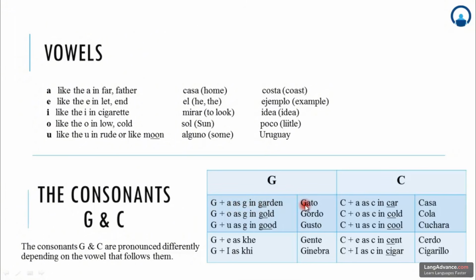For example, gato. If you have letter G followed by O, it is pronounced as go. For example, gordo. If you have letter G followed by U, it is pronounced as gu, that's gusto.